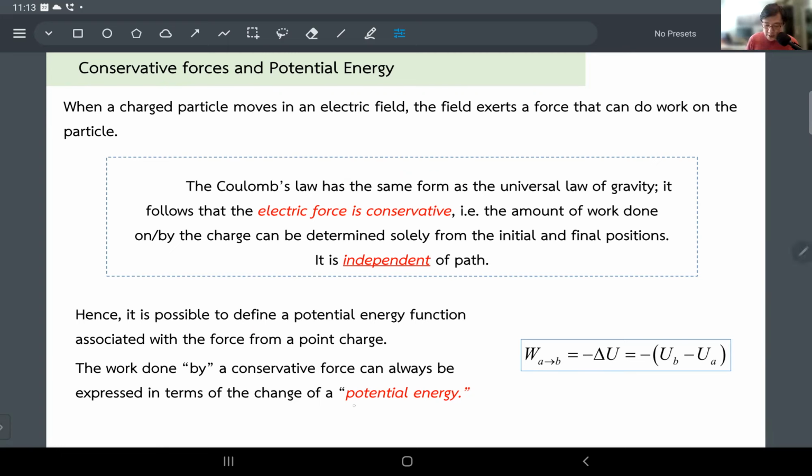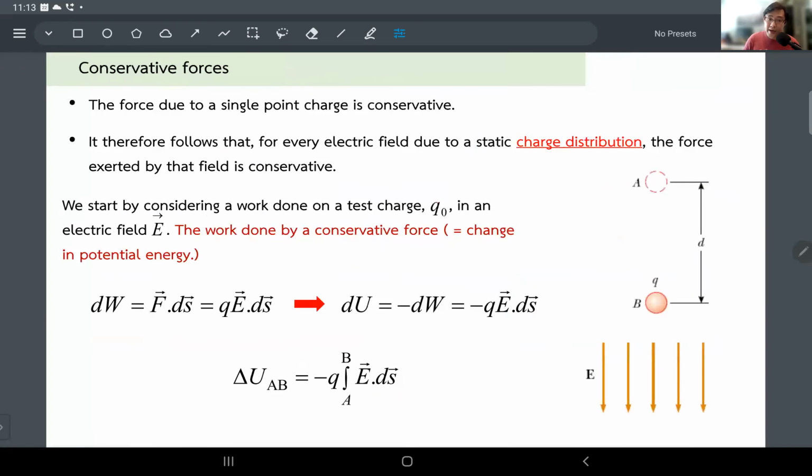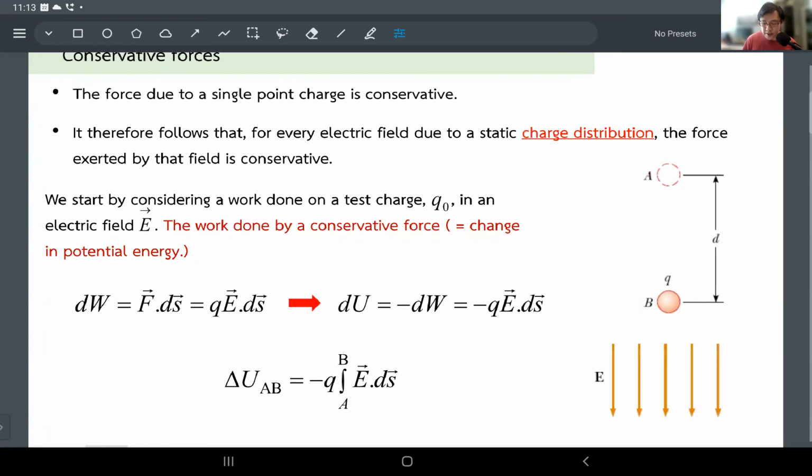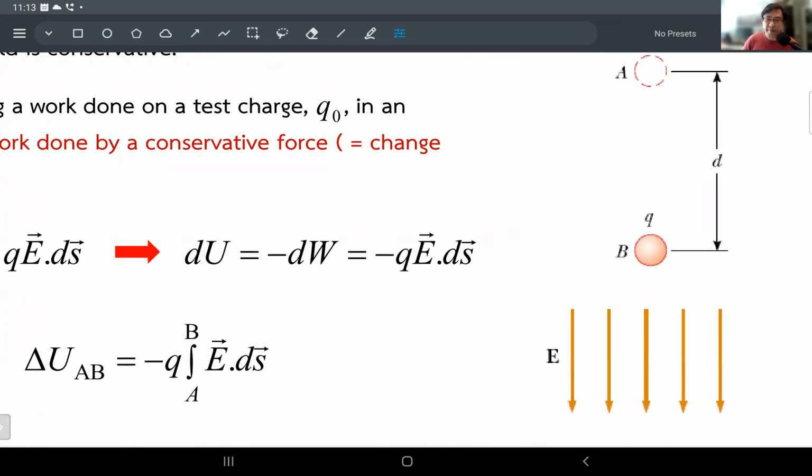The key is we want to define this potential energy properly. What does it mean? Take a look at this. I guarantee you, this is going to be confusing for sure. But stick with me a little bit, and I hope by the end of this, it will be clear. It's kind of annoying at first, but once you get a hang of it, it's not too bad.